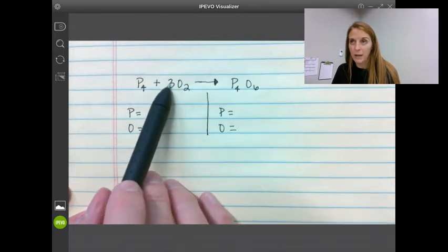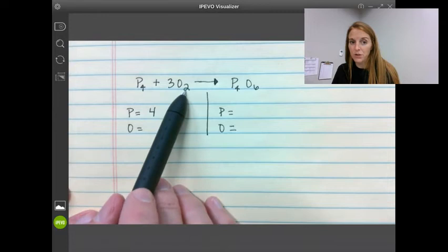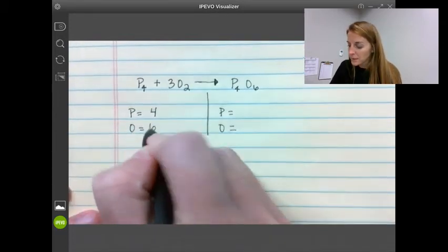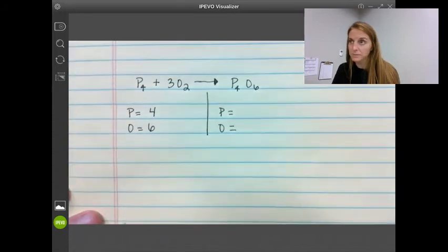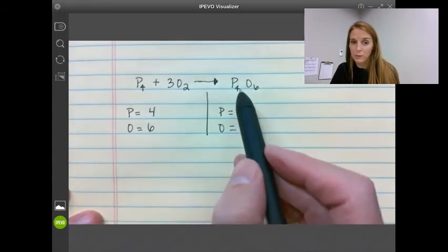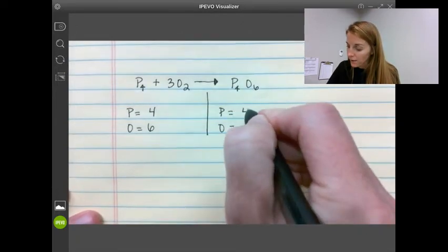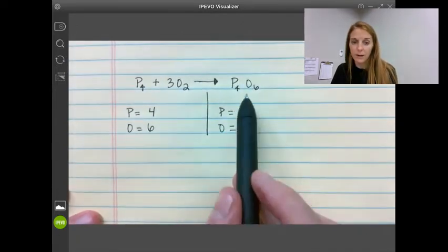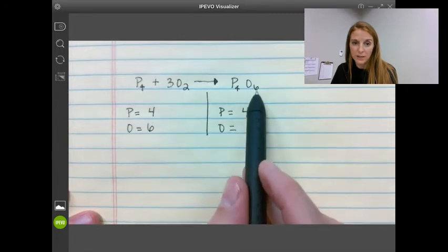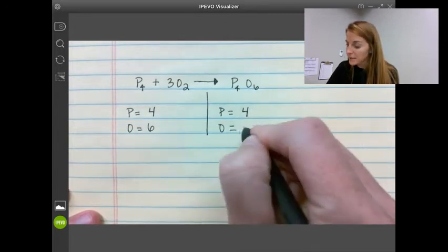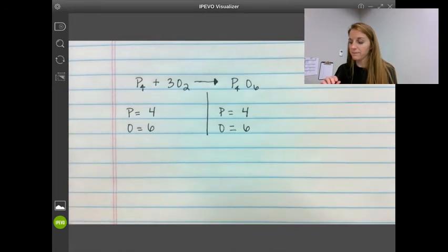So I need to multiply this 3 by this 2. So 3 times 2 gives me 6 oxygens. Then I come over to my products and I have a P4, so I still have 4 phosphorus. And then I have an O with a little 6. So that means I have 6 oxygens.